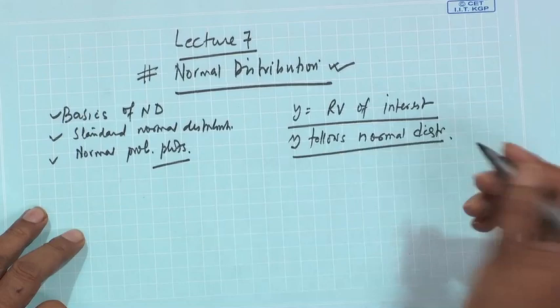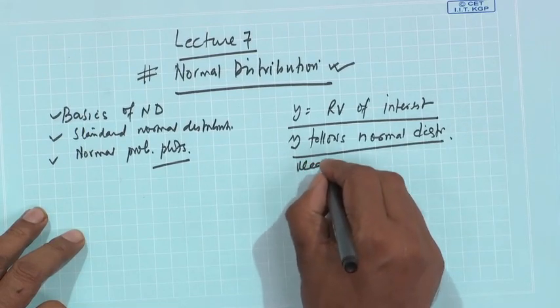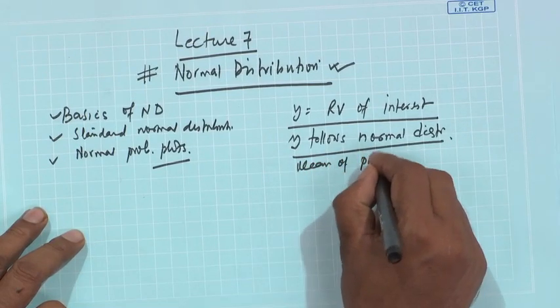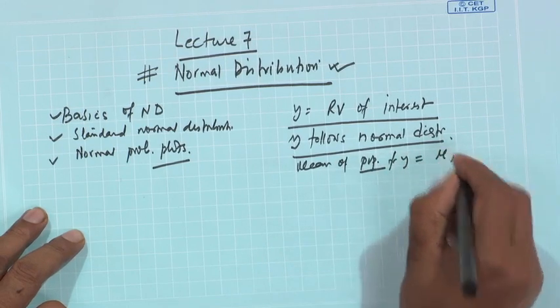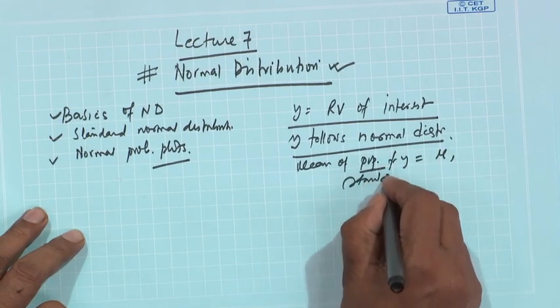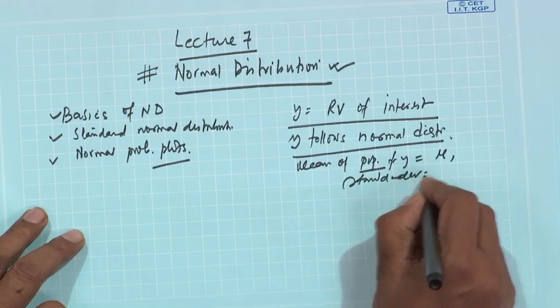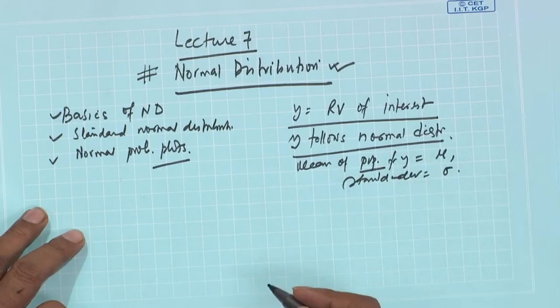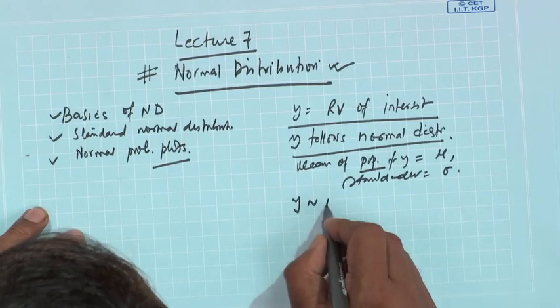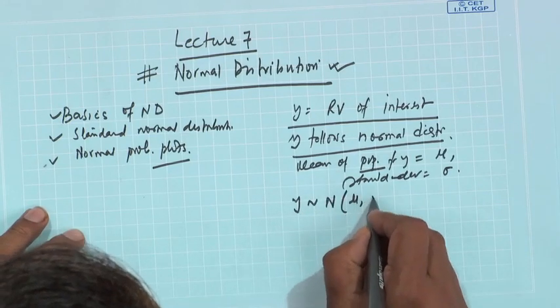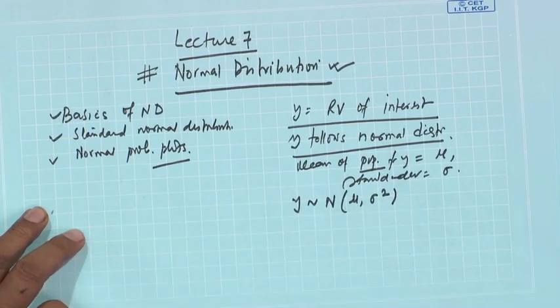Let the mean of the population for y equal mu, and the standard deviation equal sigma. Then we can write that y is normally distributed with mean mu and variance sigma square.